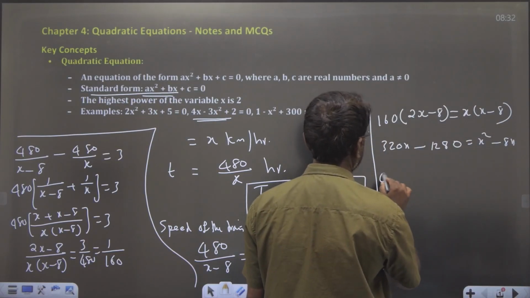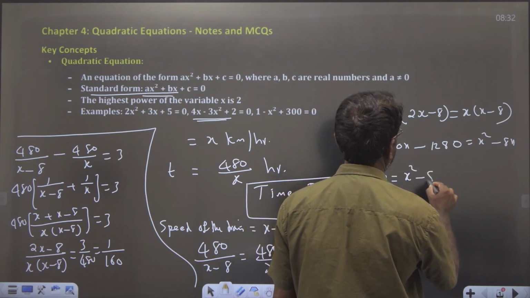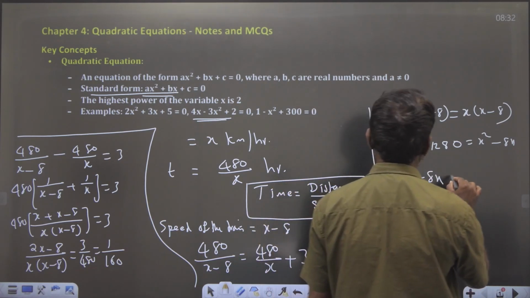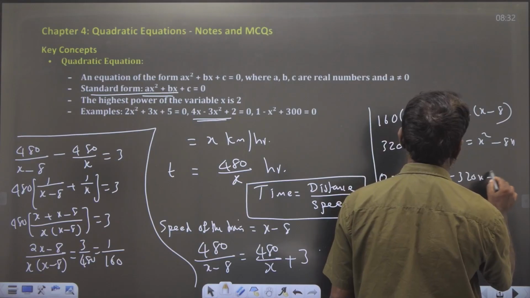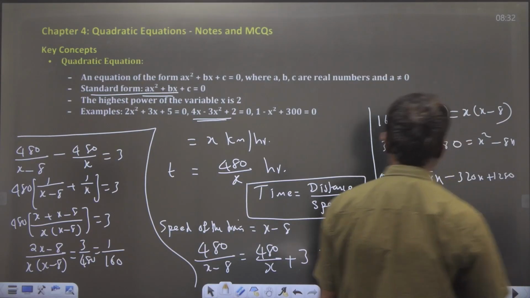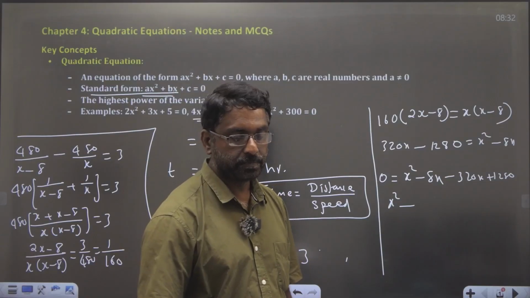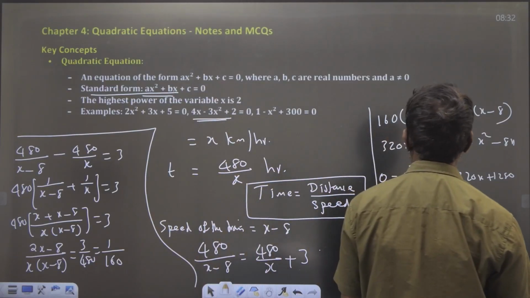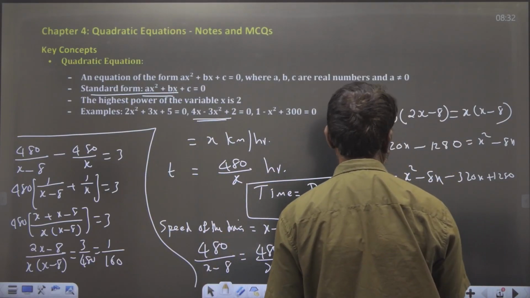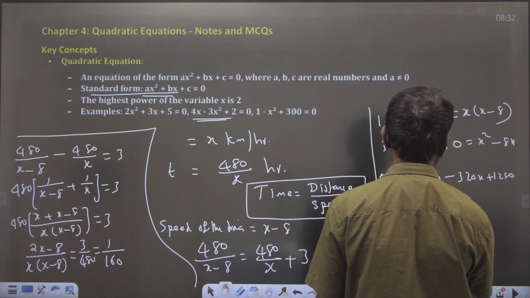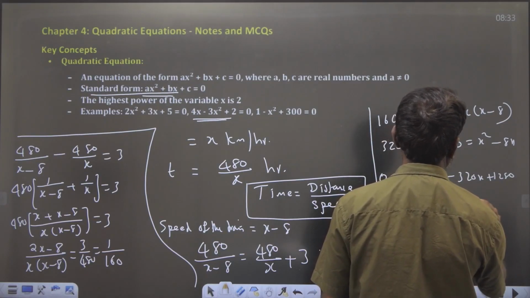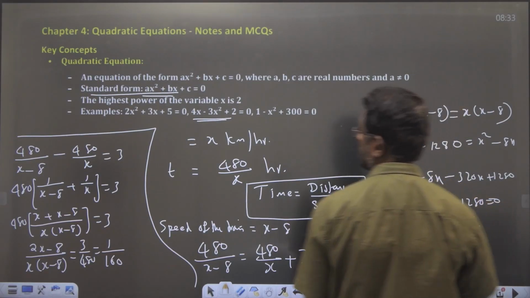Take this to the right hand side: 0 equal to x square minus 8x minus 320x plus 1280, or x square minus 328x plus 1280 equal to 0.